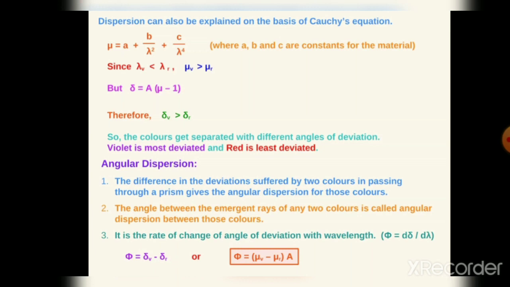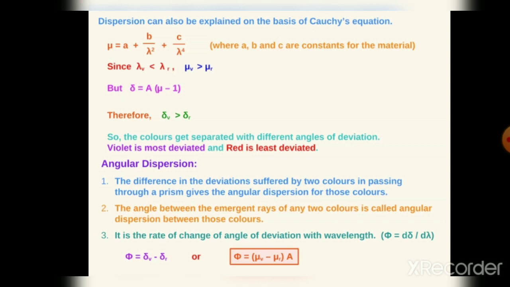Angular dispersion: the word dispersion and the word angular suggest something to you. The difference in the deviation suffered by two colors in passing through a prism gives the angular dispersion.